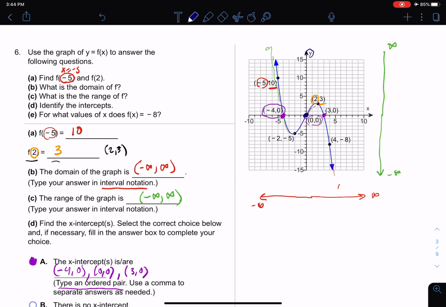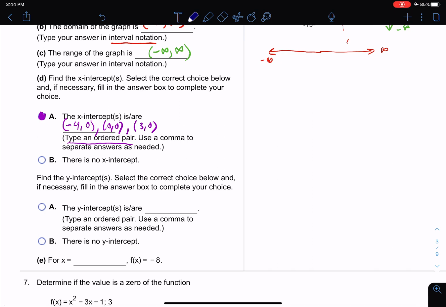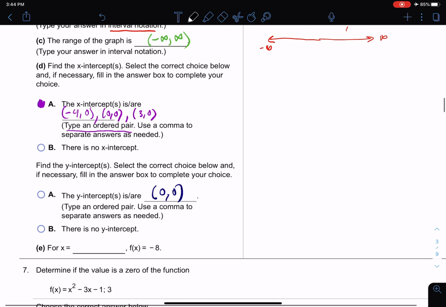So because it crosses at the origin 0, 0, it happens to be the x-intercept and y-intercept. So we're getting 2 for the price of 1 here. Please write it as an ordered pair, so the correct answer would be 0, 0. That really just looks like black, doesn't it? I don't know if we got anything out of that by using that color. Anyhow, we're supposed to go ahead and mark A.